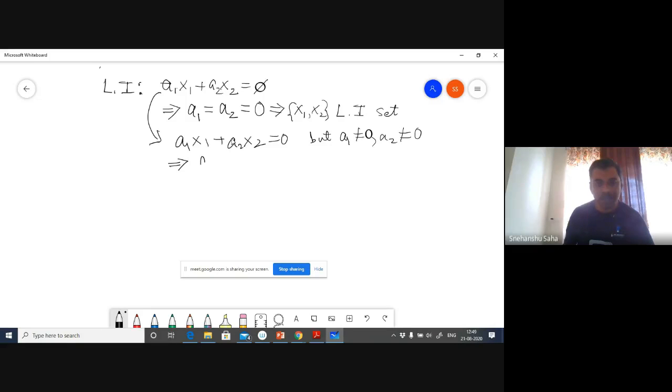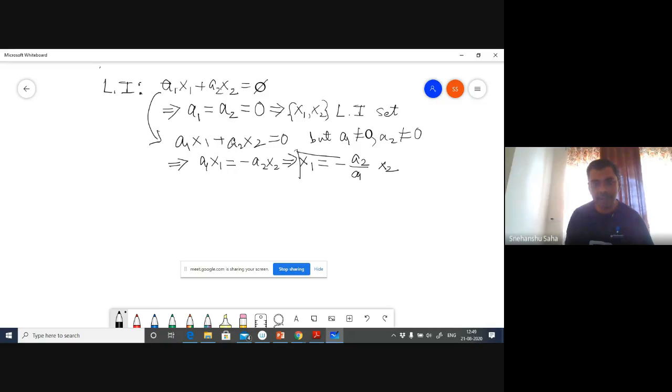Now what I can do is simply rewrite this equation in the following manner, right? And then I can write this.